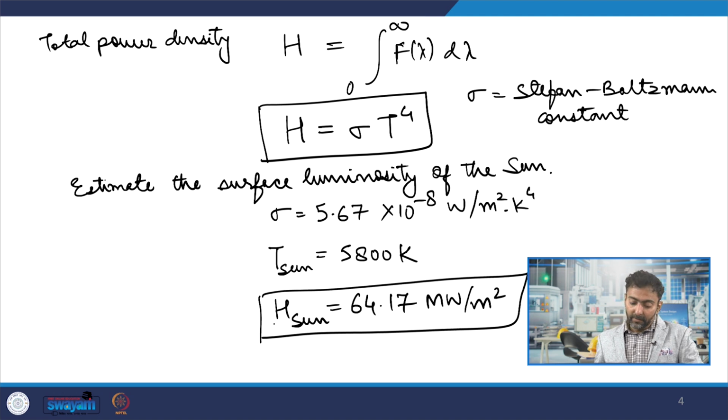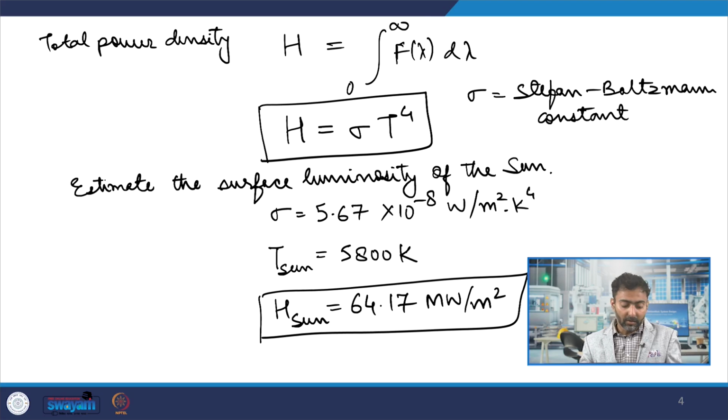So that is one important result. So this is the amount of power which is being emitted every second by the sun. So each meter square, each unit area, 1 meter square area of the sun is emitting roughly around 64 megawatt of power. Now that's a huge amount of power.